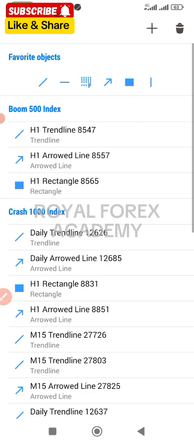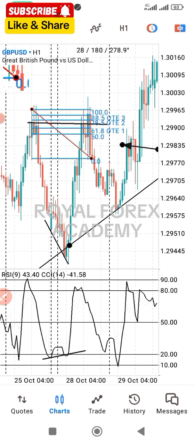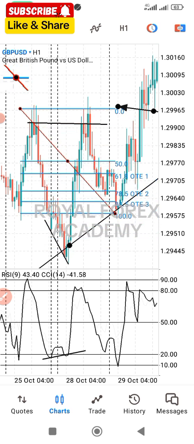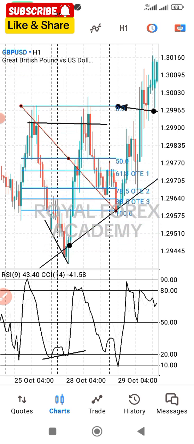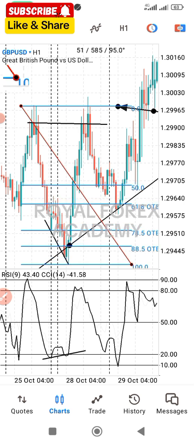Another way to do this, you can put your Fibonacci. So price pull back to 61.8, optimum trade entry point, and boom, to the upside with our divergence validating our entry.